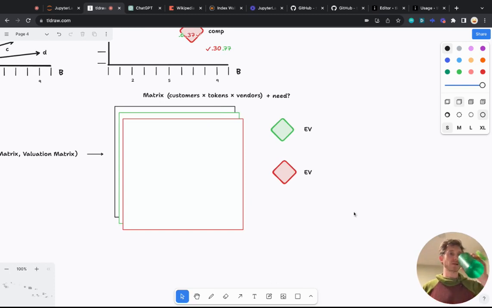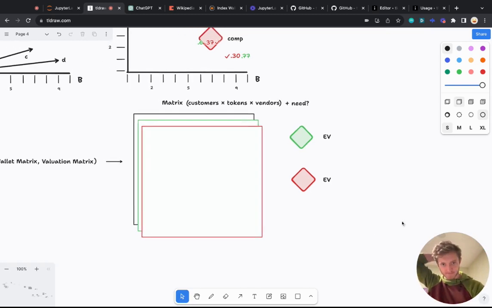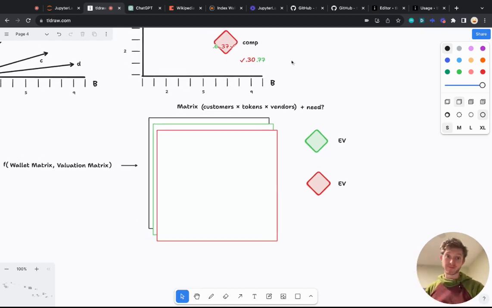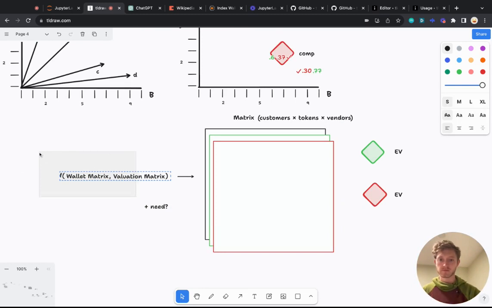So we're plowing through the water here. Matrix by tokens, or customers by tokens by vendors, and somehow need gets in there. No. Need goes in here, right? Valuation matrix and needs. Let's do it like this.